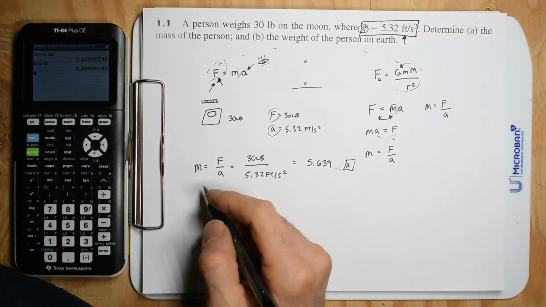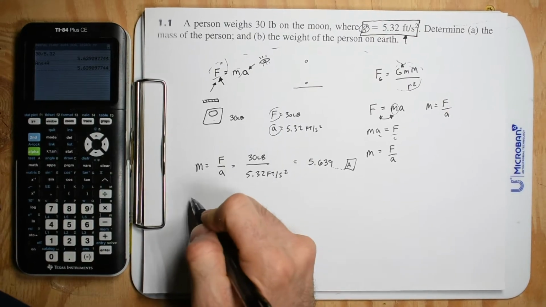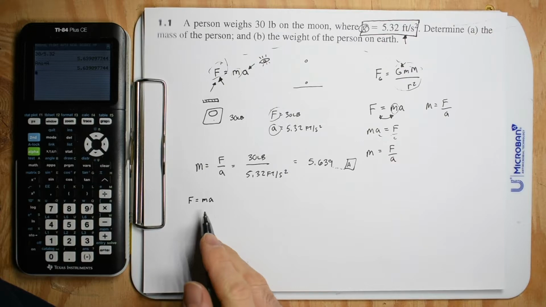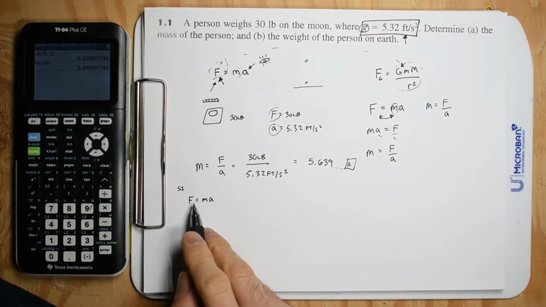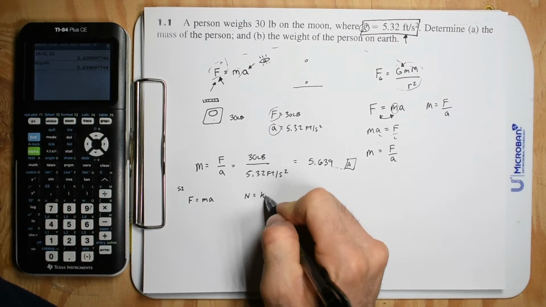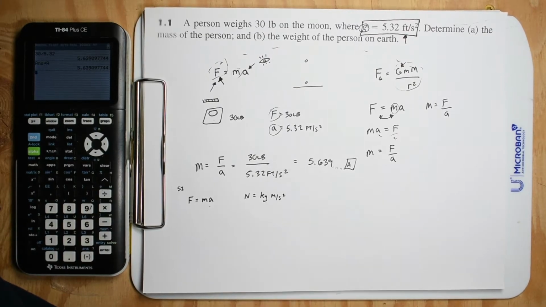So right here, we'll take a step back and be like, hey, F equals MA. Okay, so what are the units on here? Let's use the SI units, because it'll make more sense. Force is in newtons, mass is in kilograms, and acceleration is in meters per second squared.